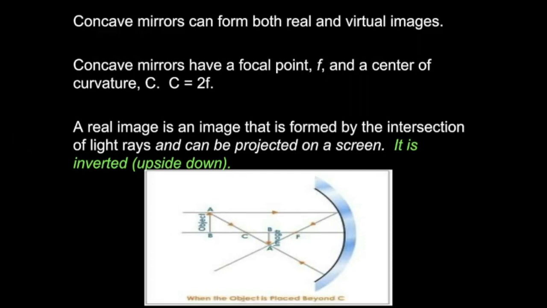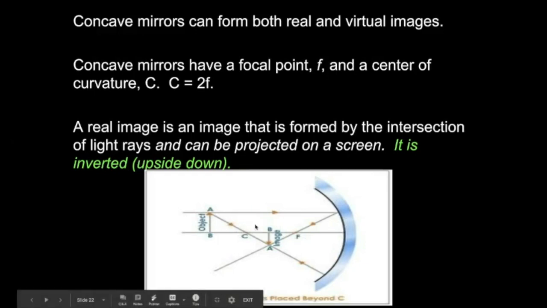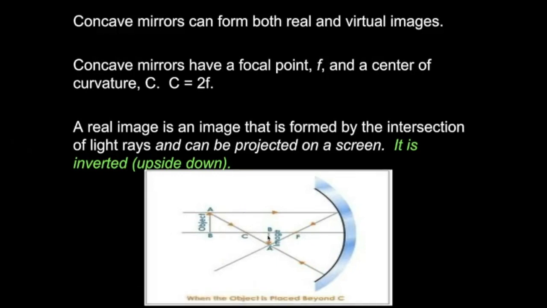You can see it, like looking at a flat mirror when you look at yourself, but that image cannot be projected. But with a concave mirror, we can actually have a real image. If I put a sheet of paper right here and I had an object right here, there would be an image forming on that sheet of paper or on the screen.